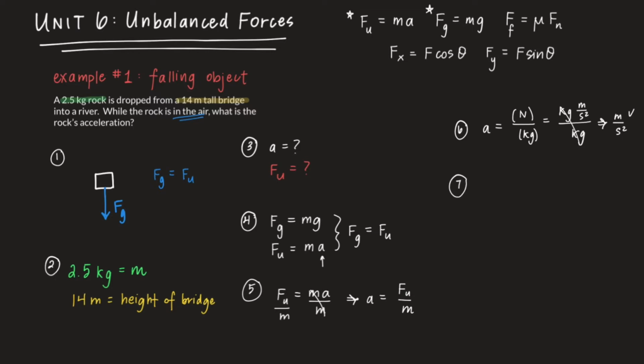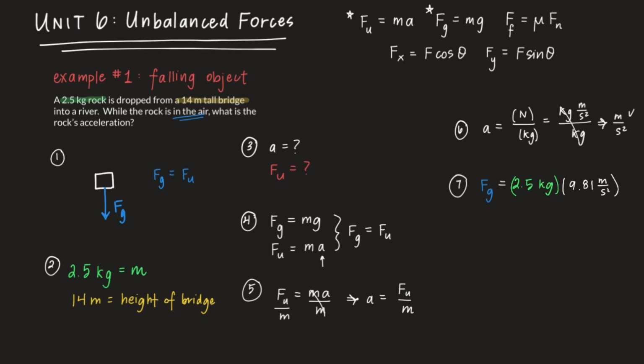So finally, we can move on to step 7. Again, our first thing to do is find the Fg. What's the weight of my rock? So Fg is equal to the mass times g, mass times gravity. So 2.5 kilograms, and remember that little g is the acceleration due to gravity, which is 9.81 meters per second squared.